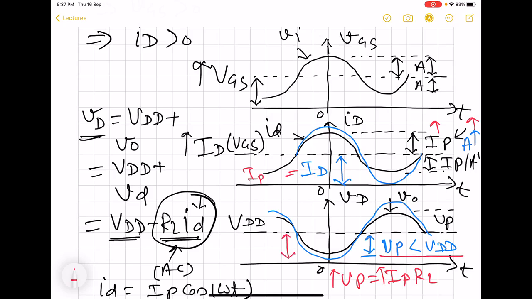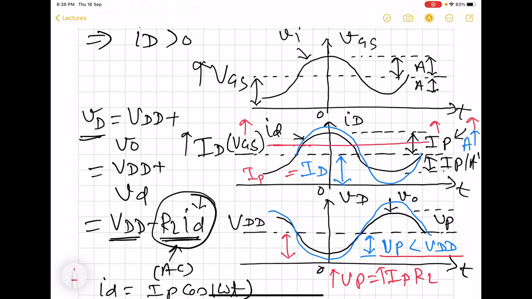So what else will we have to do? We have to now increase the ID value itself. That means we will have to increase VGS. That will increase the DC value to something like this.